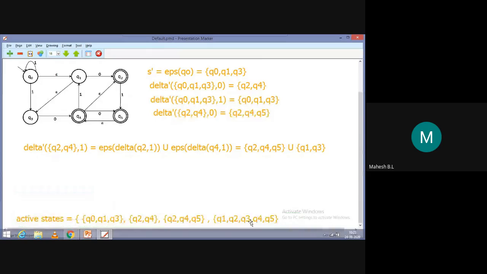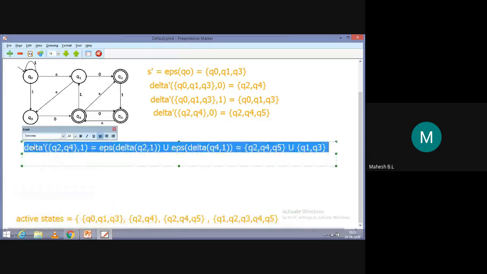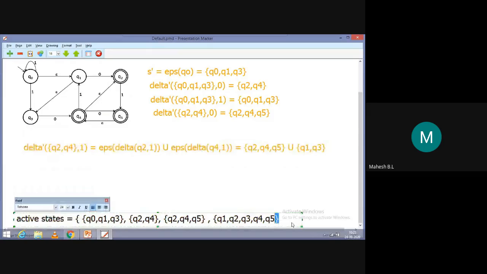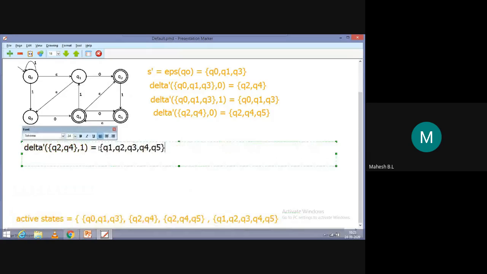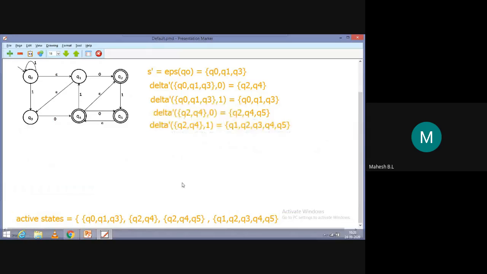So this is equal to this. So let me add it to the list here, delta dash. Okay. So now we have computed transitions for Q2, Q4 also.